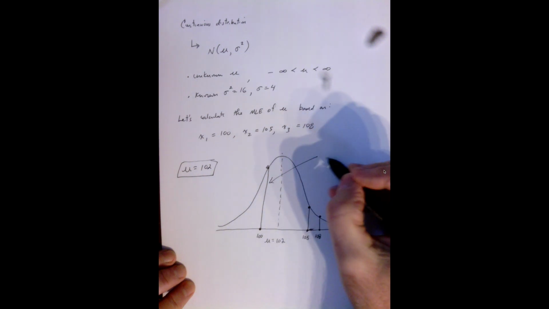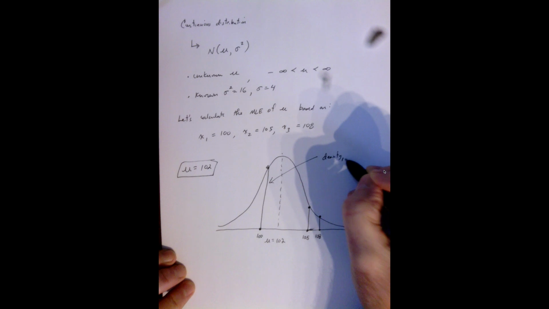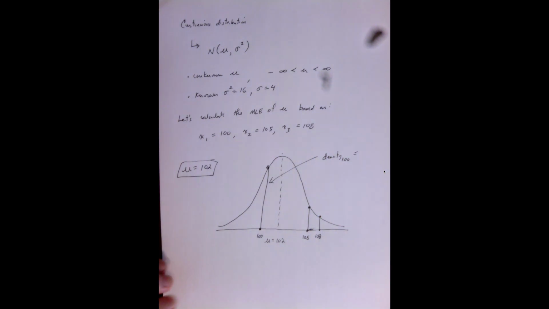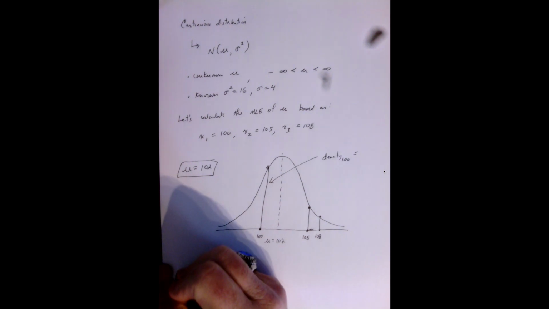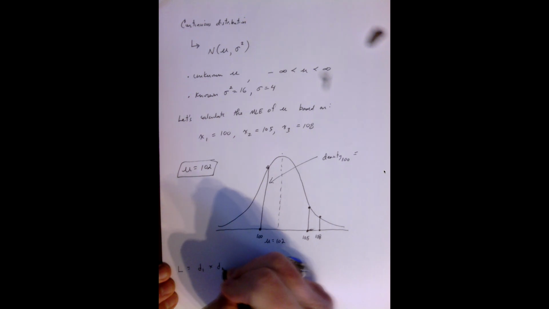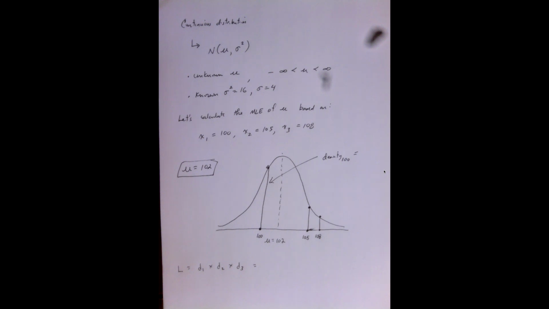So I can calculate the density of 100 by using R, and I'll illustrate that in just a second. Most importantly, the likelihood will be the product of the densities. Now let me get out of here and show you how we can do this in R.